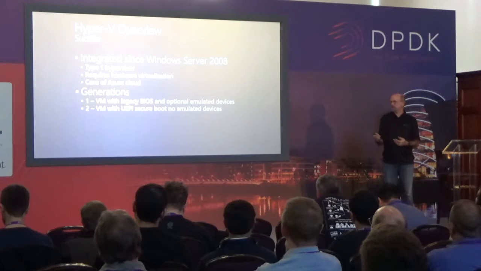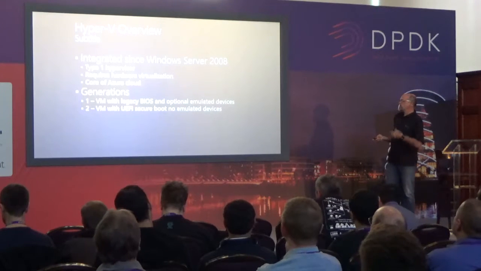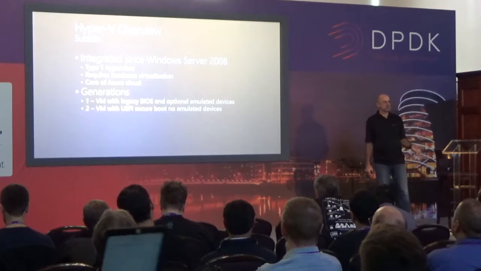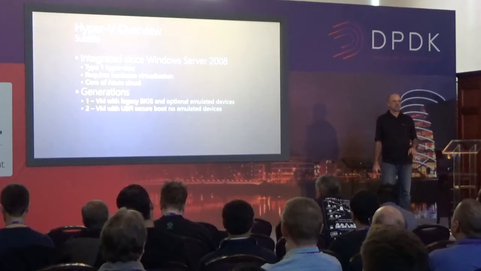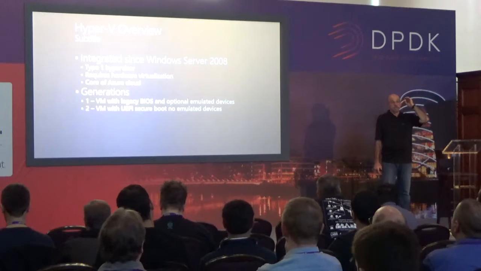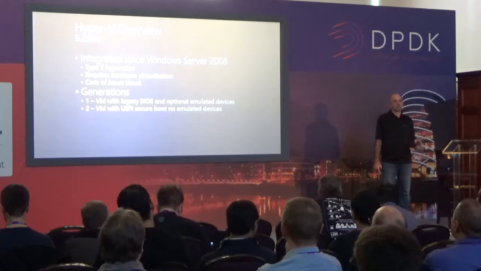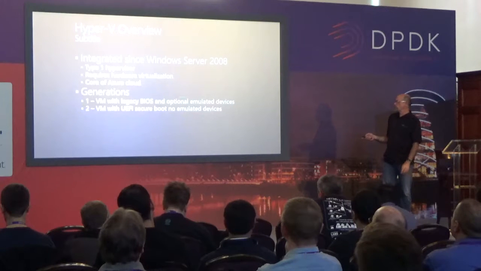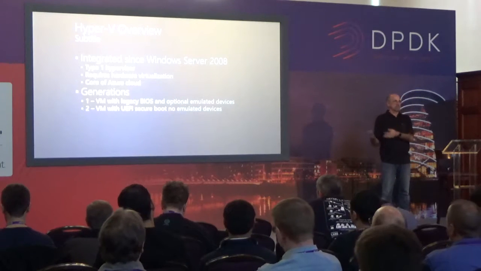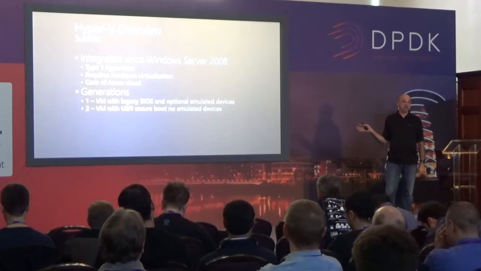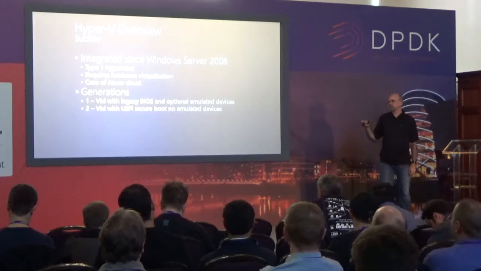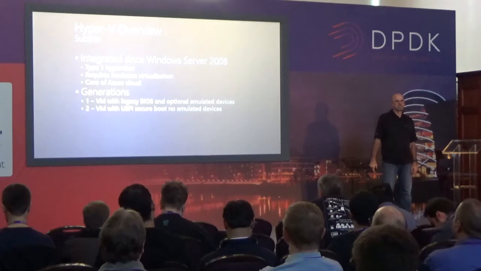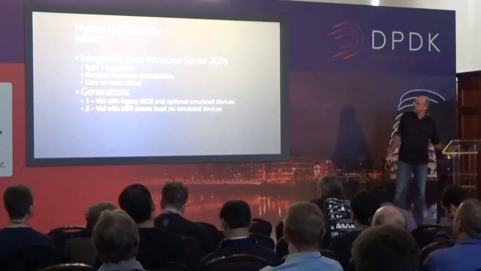And the newer Gen 2 has VMs with UEFI secure boot. It has no emulated devices, and it also supports some things with encryption as well. We're working with the enterprise distros, and that's going to be there. It's supported on Linux, but for most of the developers here doing testing, they're going to want to choose Gen 1 kind of environments.